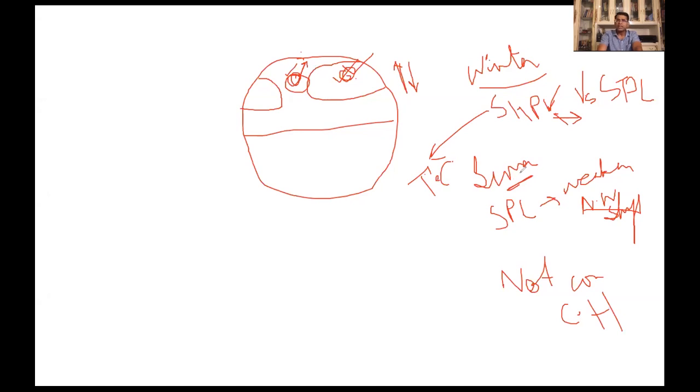But in the winters, we have a well-developed low on the water. This has now come down. This is well contrasted with Siberian high pressure. The system now sets up for temperate cyclones.